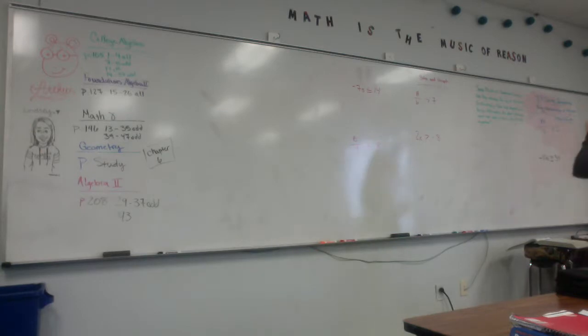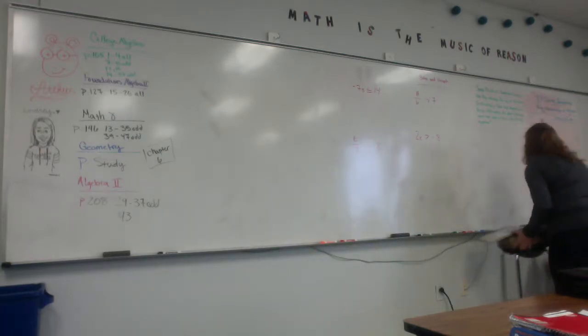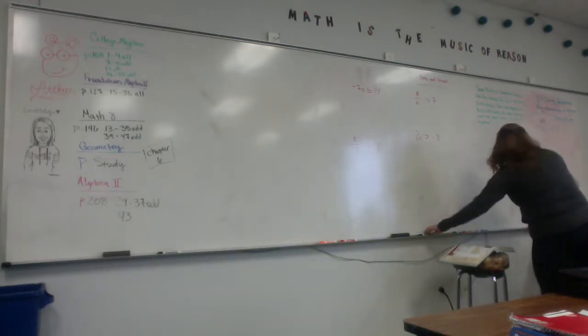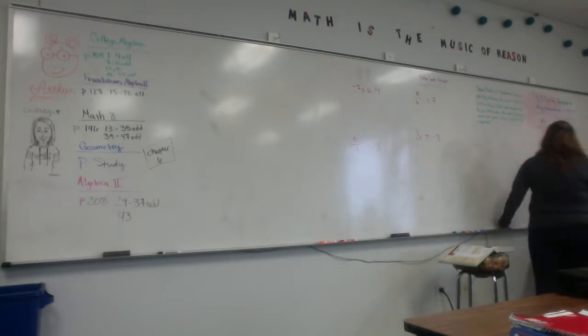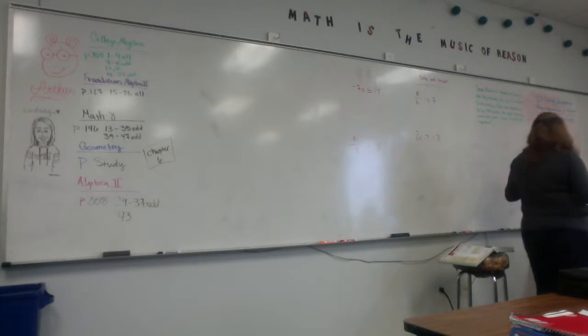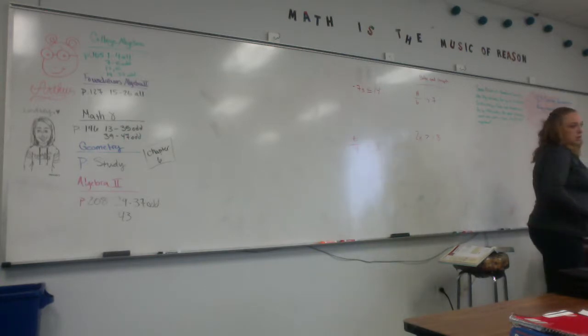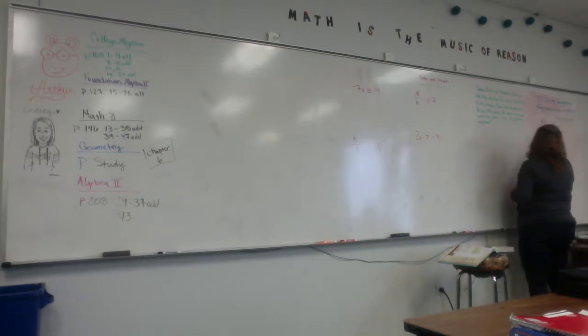Okay? So if I solve this first one that says solve and graph, and it says m over negative 3 is greater than 3, how would you get rid of that negative 3? What would you do? Multiply by negative 3. Good, Jason. I multiply both sides by negative 3.